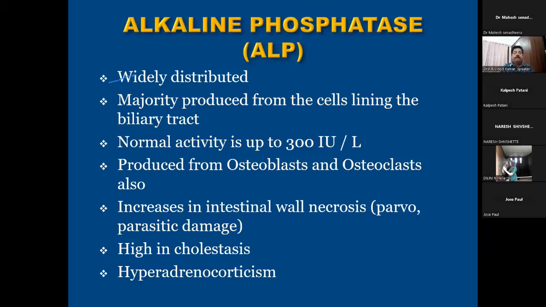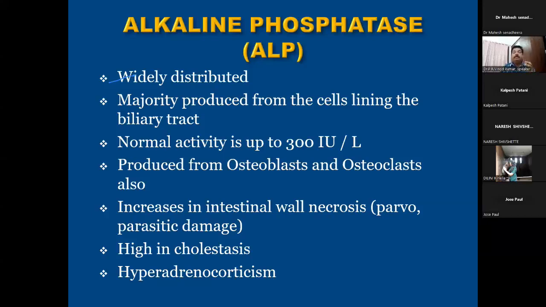Then, some amount of alkaline phosphatase flows through the bile and passes through the intestines. It will be reabsorbed. If there is a stasis in the intestine, again increased quantities will be reabsorbed, and so the alkaline phosphatase level shows a hike there also.